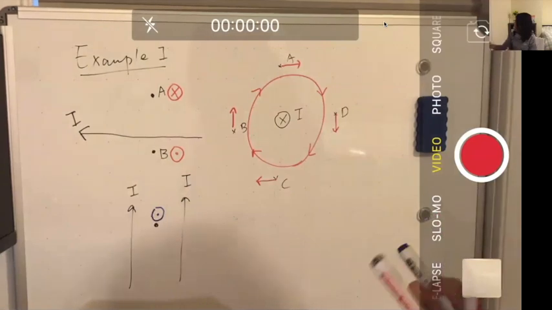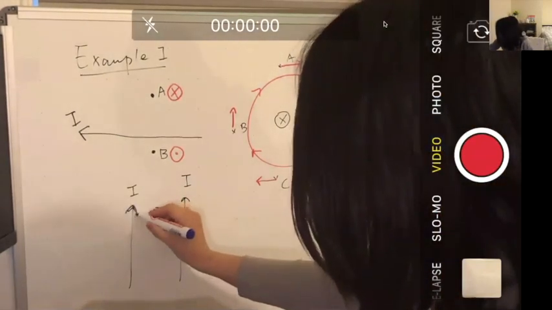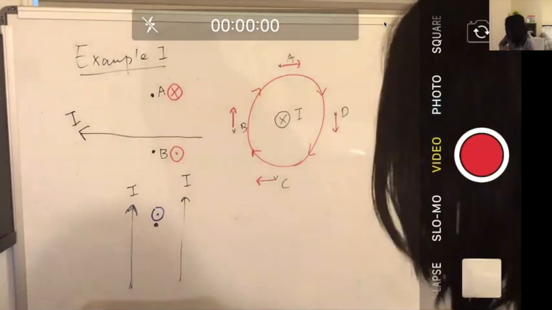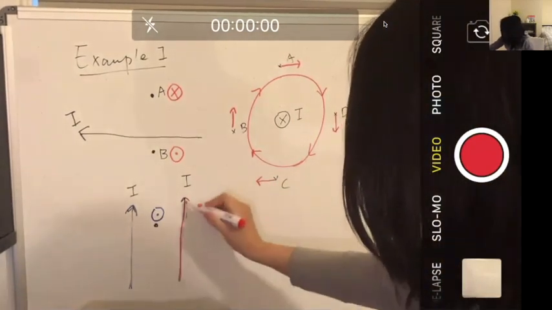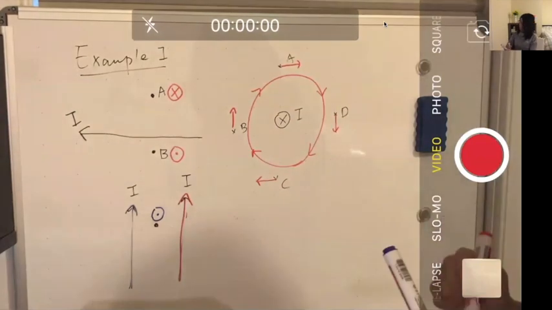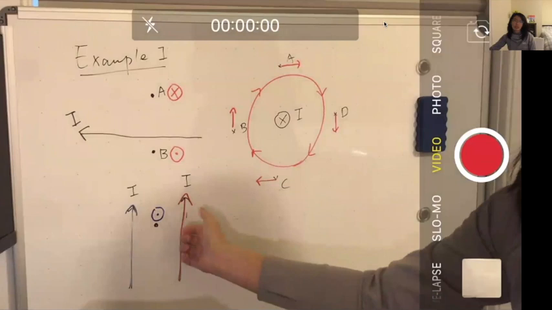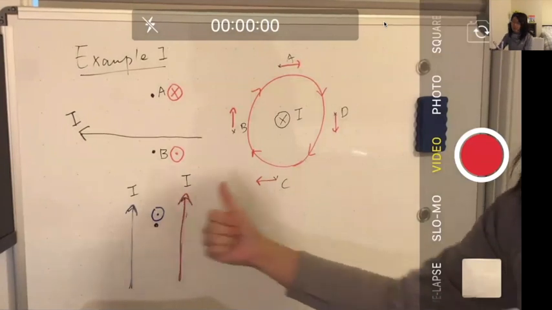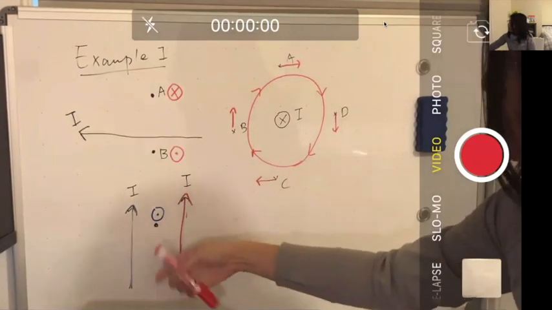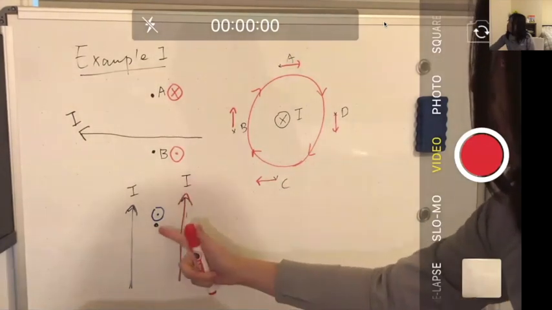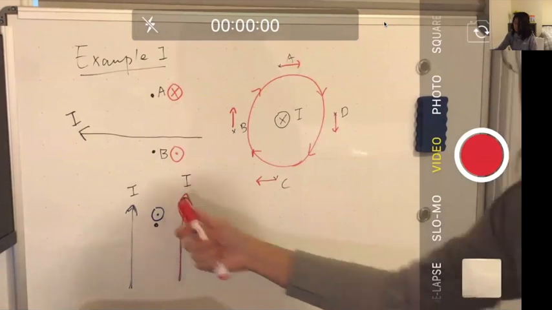So that's from this current. And now if we look at what this current does, this current will also create a magnetic field. And you can do the thumb up and do this. So you can see your four fingers are telling you the magnetic field at this position should be out of page.